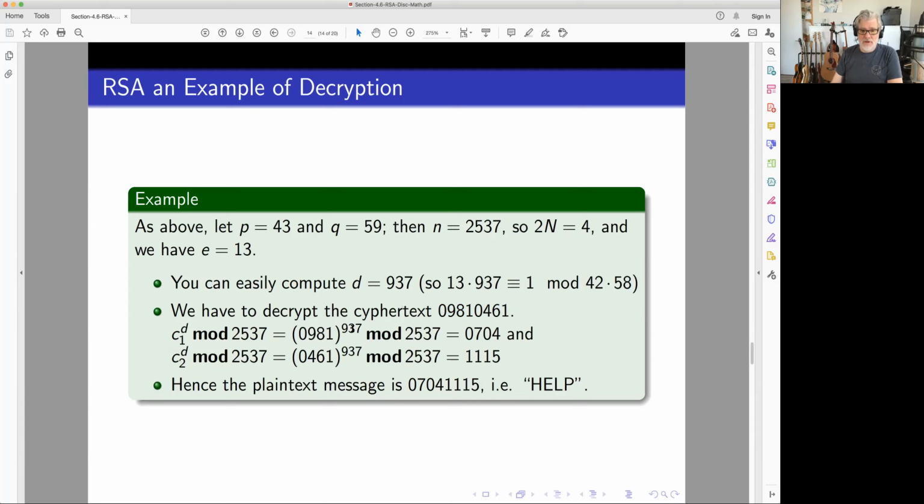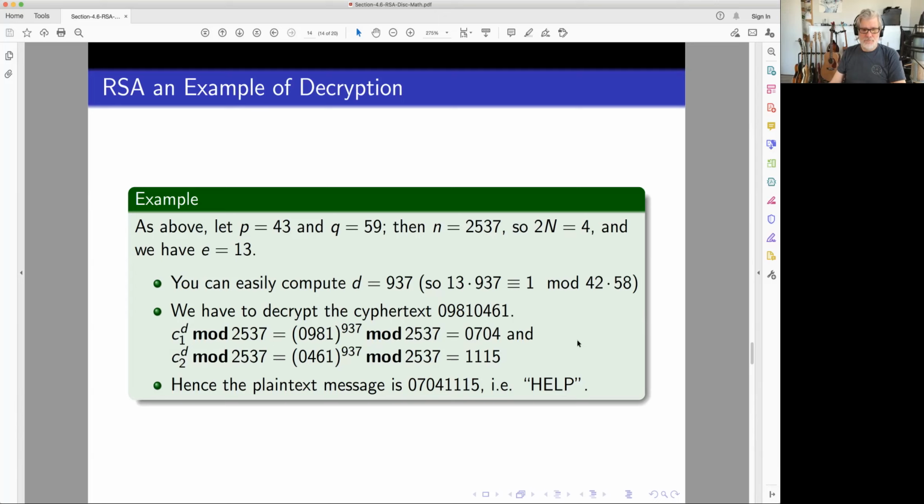Raise that to the power 937, that's my D, reduce mod 2537, I will get 0700. Do the same for the other one. You will get 1115. And this was the original message M1, M2 if you want. So you just look up what these numbers mean in terms of letters. And in this case, it's help, H-E-L-P. Which is not relevant to this whole thing. It doesn't matter.